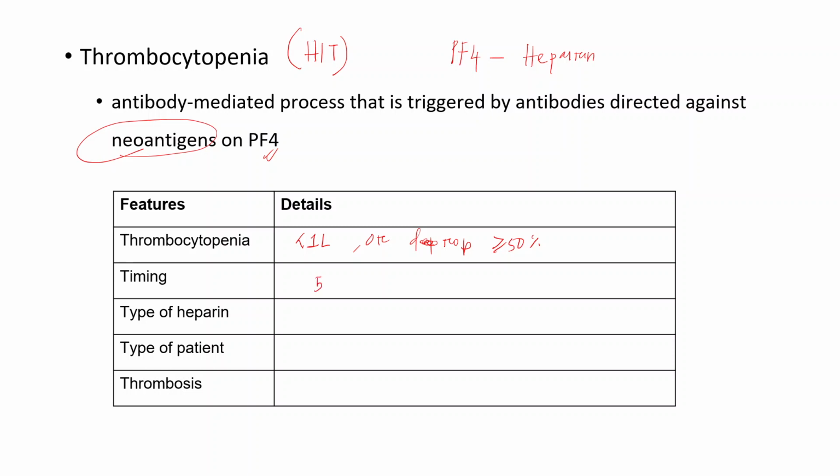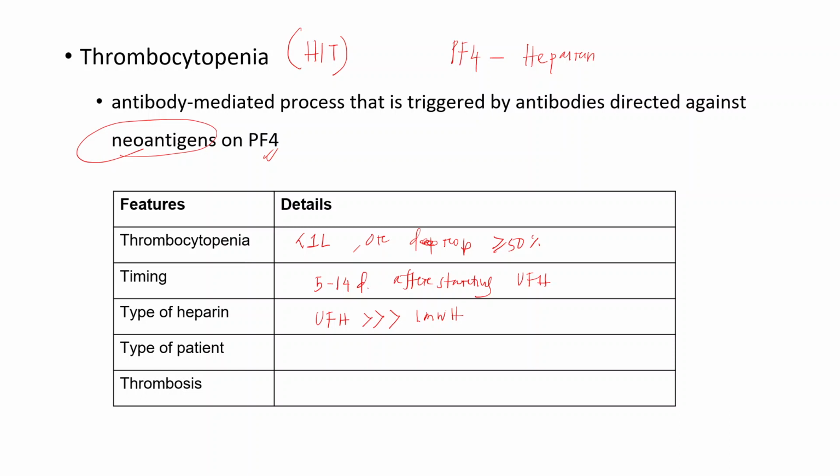It is around 5 to 14 days after starting heparin. Type of heparin: unfractionated heparin has higher propensity to cause HIT rather than low molecular weight heparin. Low molecular weight heparin carries a very low risk of heparin-induced thrombocytopenia.